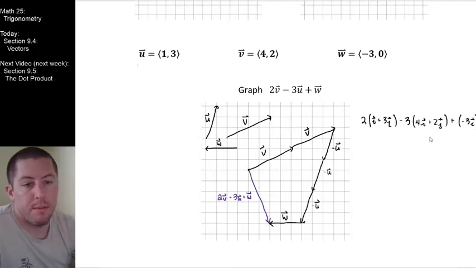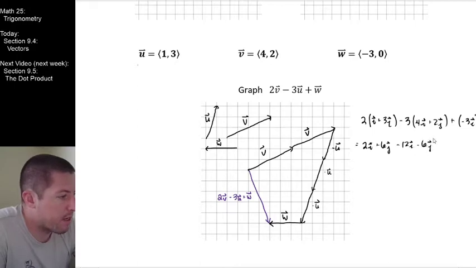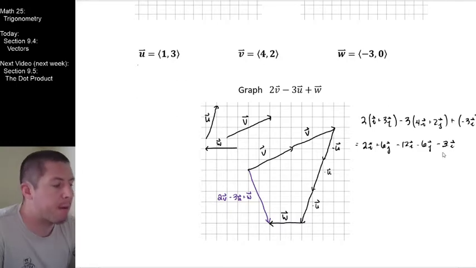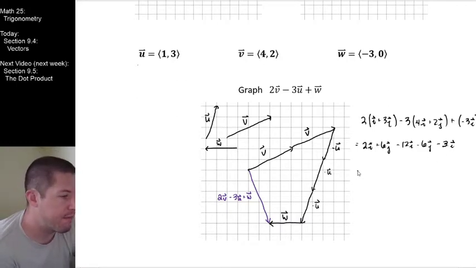And when I do this arithmetic, I'm going to go ahead and expand. So I'm going to get 2i plus 6j minus 12i minus 6j minus 3i. And again, the convenient thing about being in component form is that it's easy to combine like terms by just keeping the i stuff together and the j stuff together. So what i stuff do I have? 2 of them and negative 12 of them. That together makes negative 10. And then a negative 3 for the i right here.